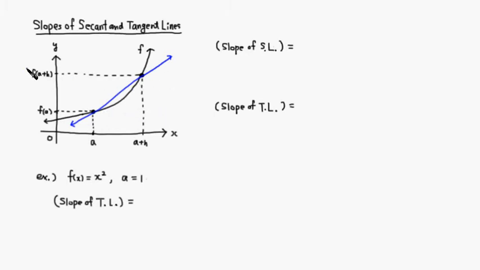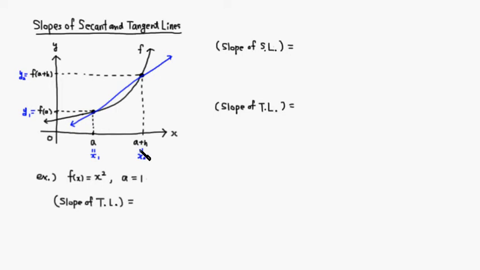Maybe I'm going to label these. This is going to be my y2, and this is going to be y1. So a is the x1 and this guy is x2.